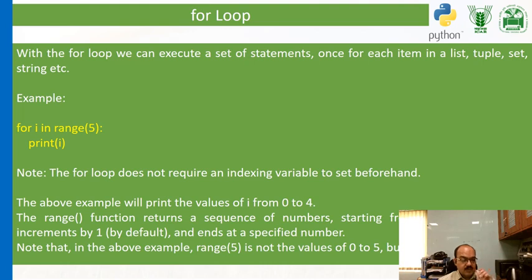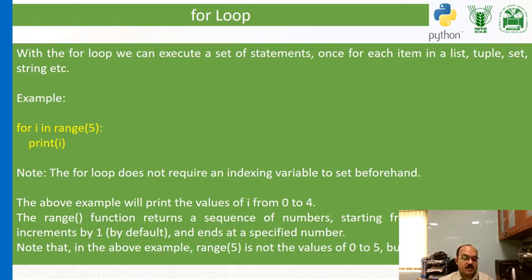One more thing, in this particular function, which is range, that is used here, it returns a sequence of numbers starting from 0 by default, and it is incremented by default with 1 and ends at a specified number. Means whatever we have specified in the range function, like in this case it is 5, so it will print the values from 0 to 4, not 0 to 5, because it is exclusive in nature.